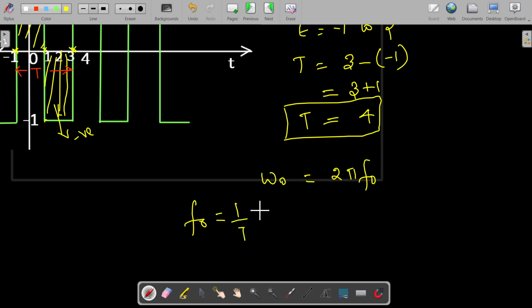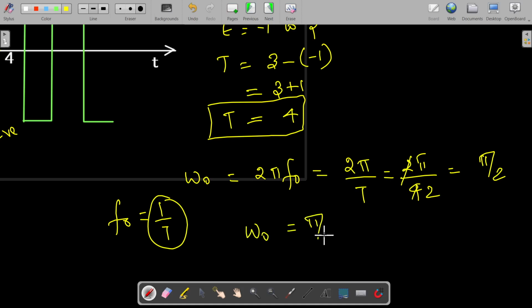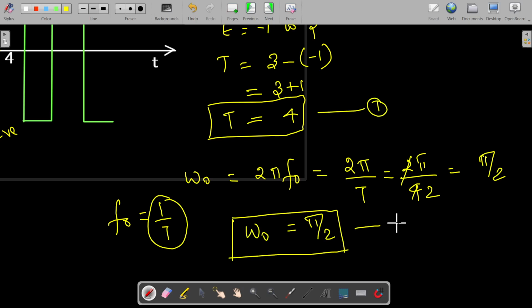We have the inverse relationship, so f naught can be written as 1 by T. So omega naught is 2 pi by T, where T is 4, so it comes as pi by 2. So pi by 2 is omega naught. We got two important results: T equal to 4 is equation number 1, and omega naught equal to pi by 2 is equation number 2 for this problem.